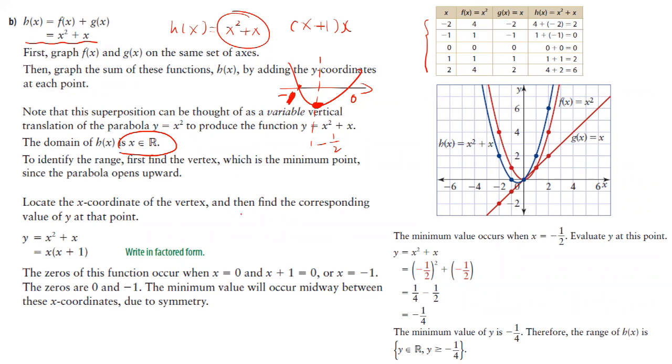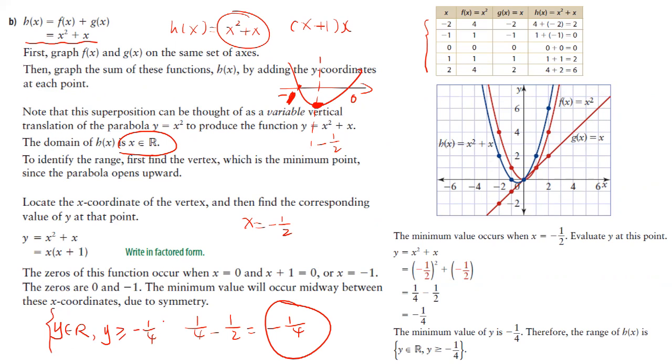The minimum can be achieved when x is -1/2, which gives 1/4 minus 1/2, which is -1/4, right? So the minimum point is -1/4. So that means the range is y belongs to the real number set, and y is greater than or equal to -1/4. This is the range, right?